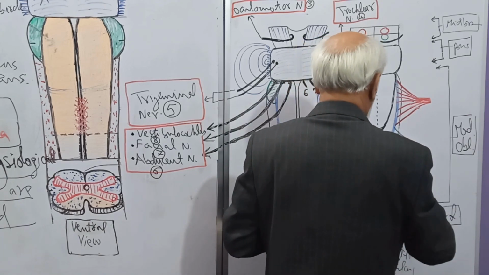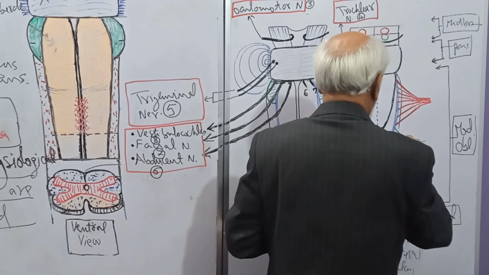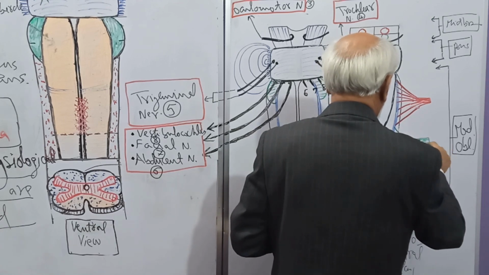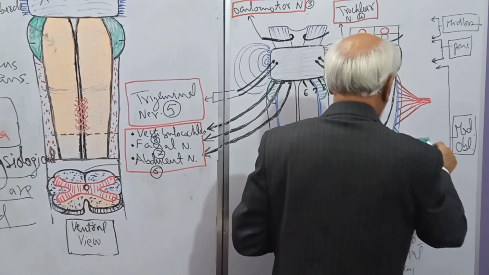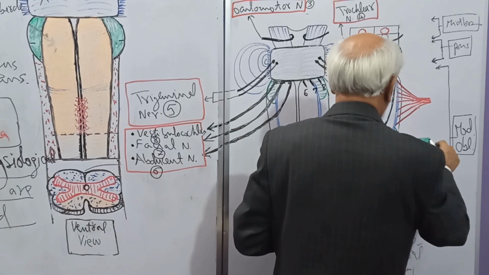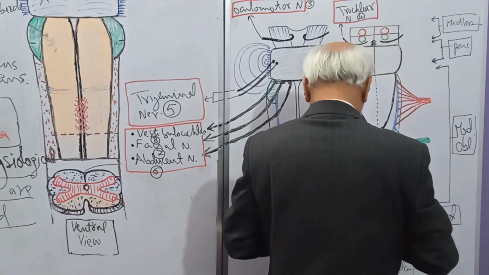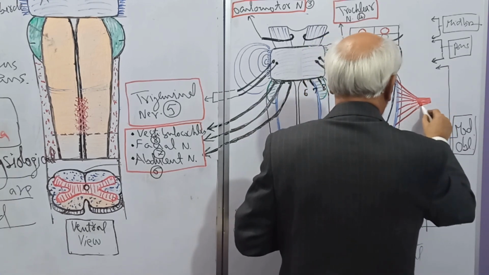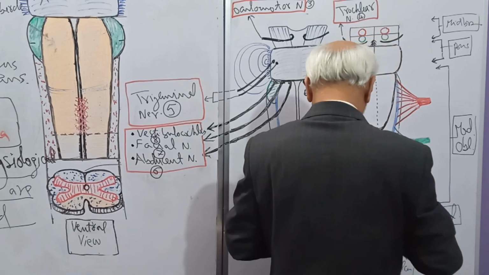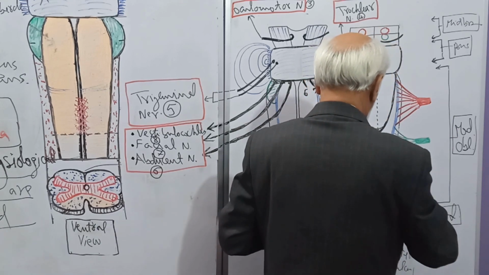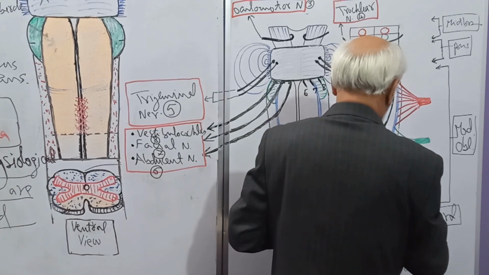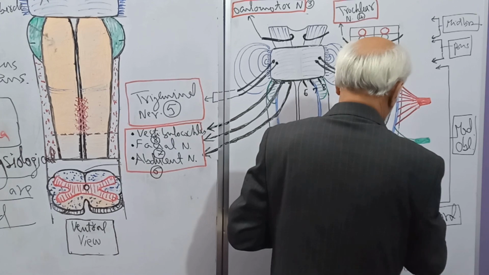Several rootlets in series from the posterolateral sulcus of medulla oblongata, not spinal cord.